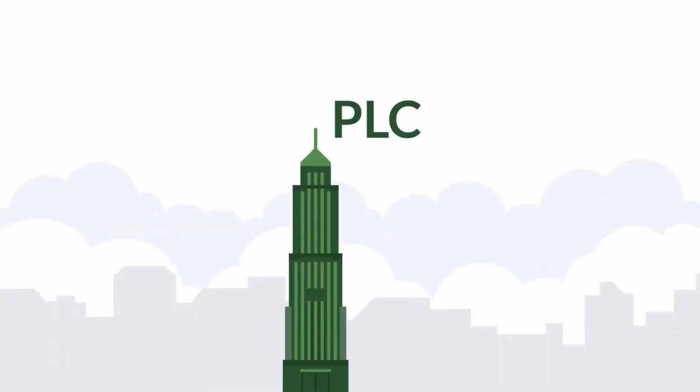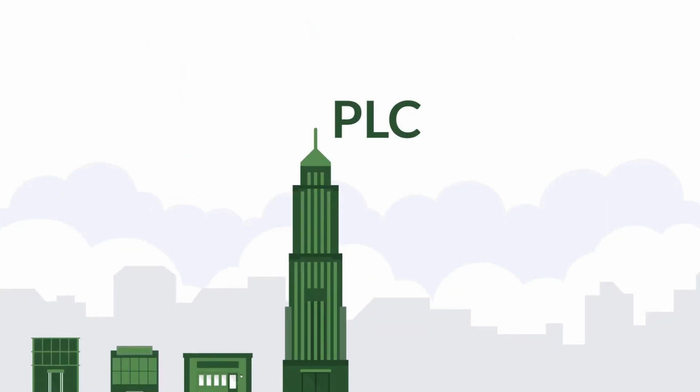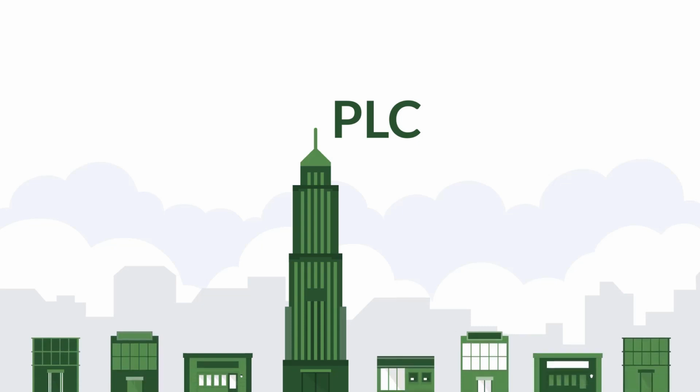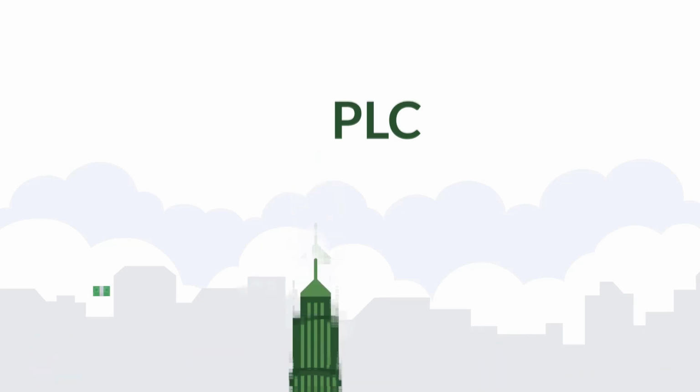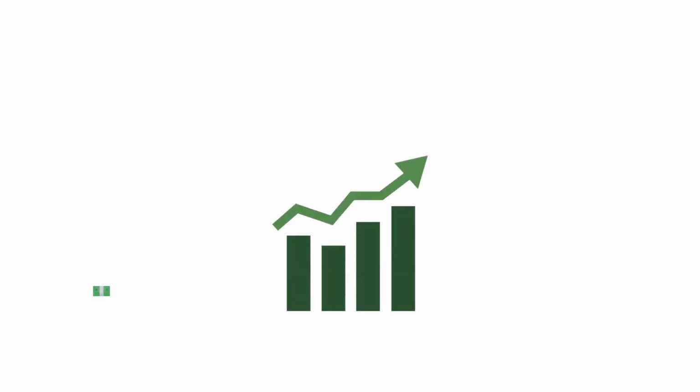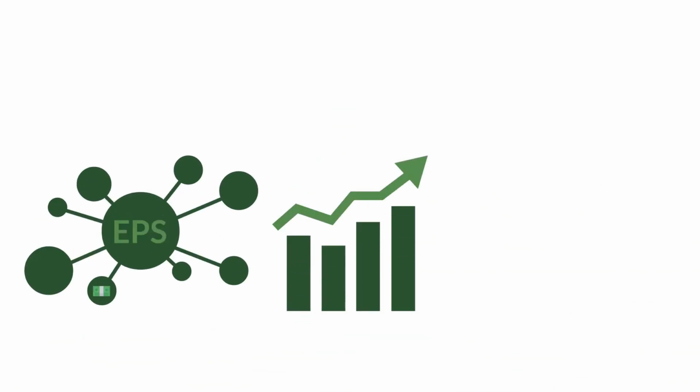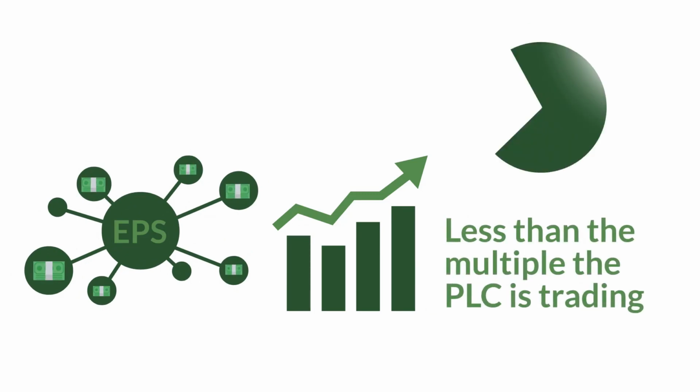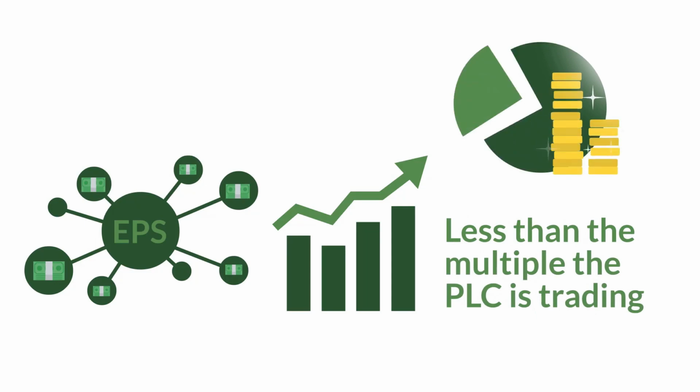If the companies the PLC acquires continue to be independently run, the PLC can keep adding more and more companies to the portfolio, as long as each acquisition is EPS-accretive, meaning the multiple paid for the small business is less than the multiple the PLC is trading at. The value of all existing shares will continue to increase.